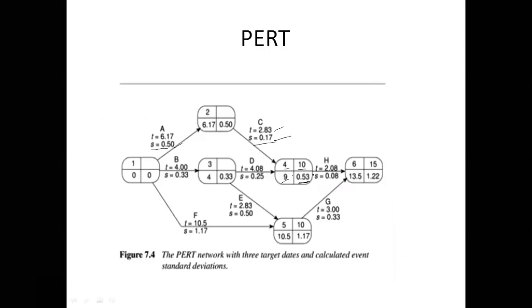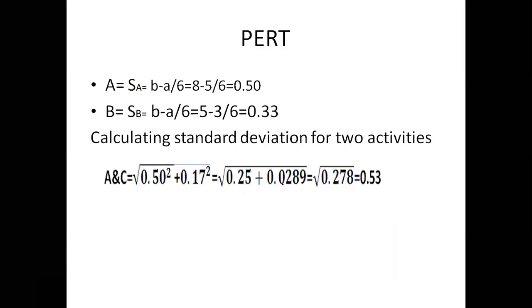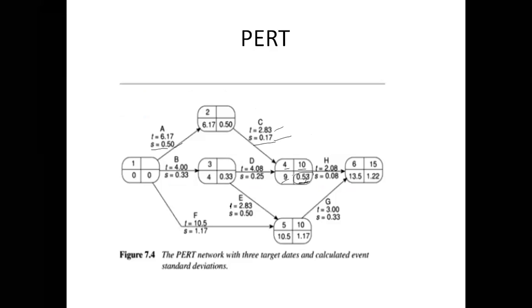Okay. So first we calculate this using the formula, then add their squares and find the square root of their sum. Similarly, see here, for this you have the route from C and H also, the route from E and H, E and G, and the values from F and G. So there are three paths here.